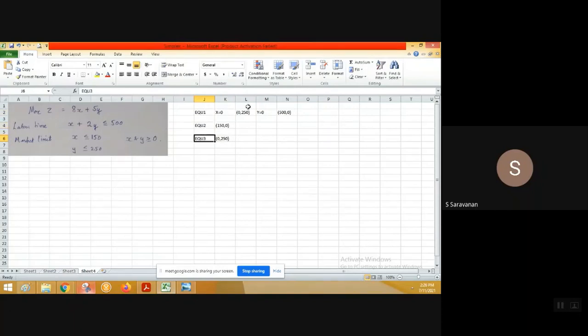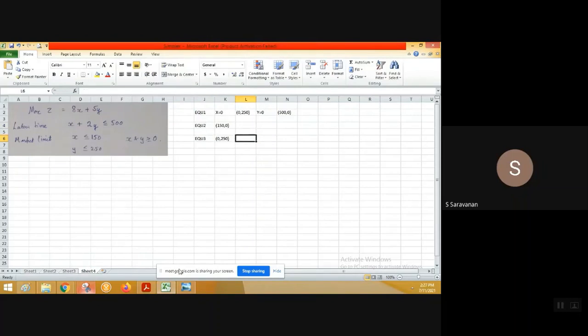For equation 1 we have two coordinates, 0 comma 250 and 500 comma 0. For equation 2 we have only one coordinate because one of the variables is already 0. For equation 3 again we have only one coordinate because the other one is already 0.